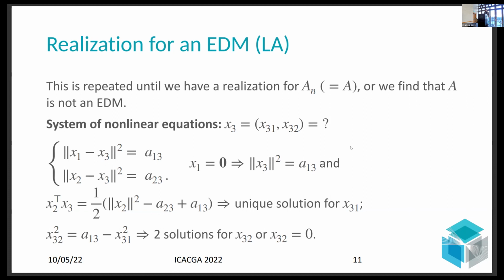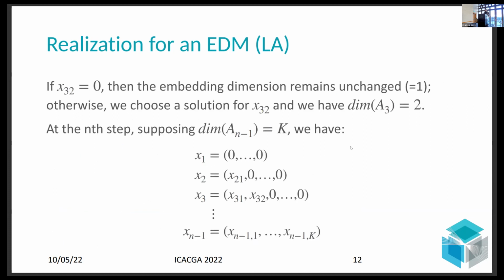If this square number is negative, we have no solution, and we stop the process. If the second coordinate is 0, again, the embedded dimension will still be 1. Otherwise, we choose a solution. So far, we have no criteria to pick a solution, so we choose one and follow the search.